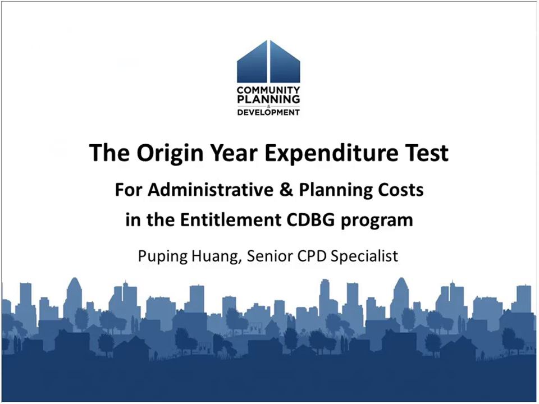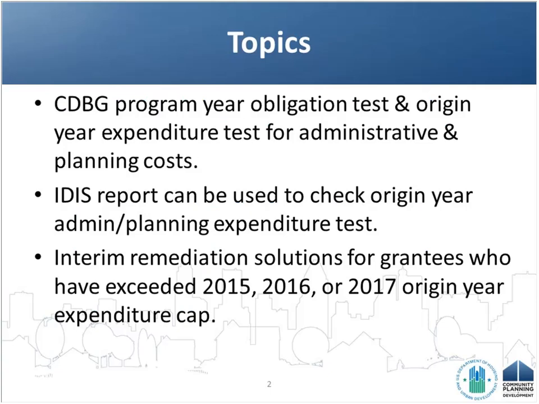Today, we are going to discuss the Origin Year Expenditure Test for the admin and planning cost for the Entitlement CDBG program. We are going to cover the following topics. First, we will discuss the CDBG Program Year Obligation Test and the Origin Year Expenditure Test for the administrative and planning cost.